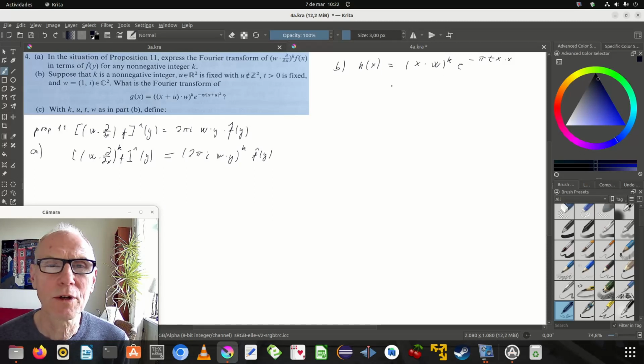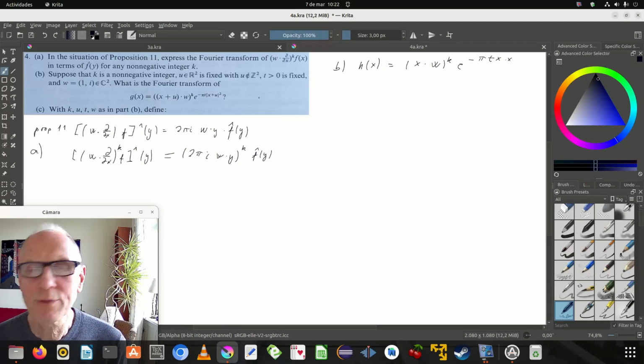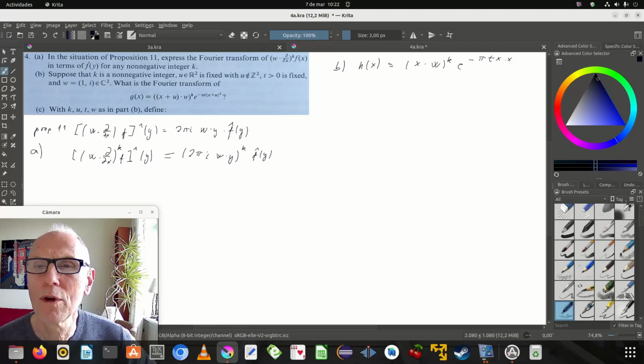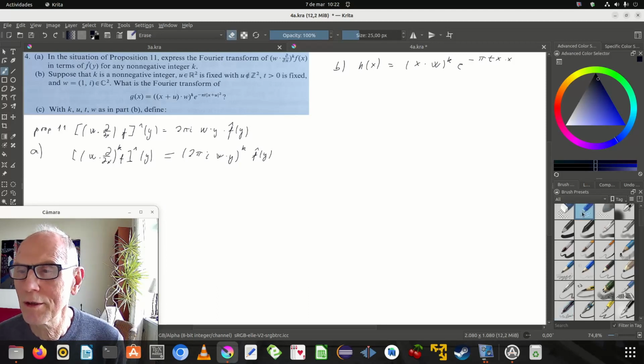Now that's not a good idea. It's the Fourier transform with respect to t, of course. So it should be a function of t.